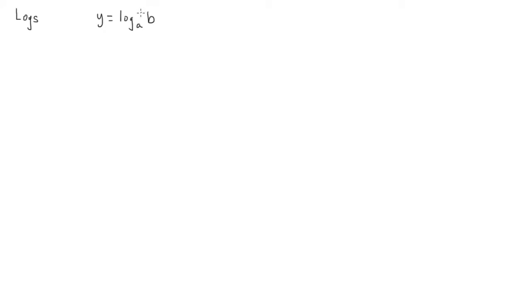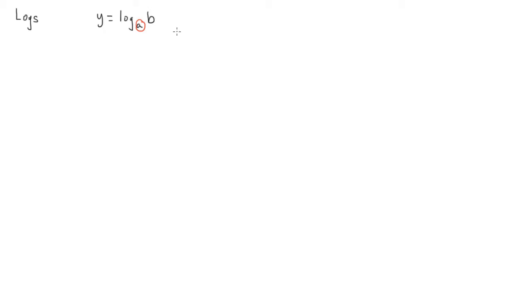And oftentimes we want to compute what this actually is for specific numbers a and b, but there's one problem with that, namely it all hinges on what the base is.